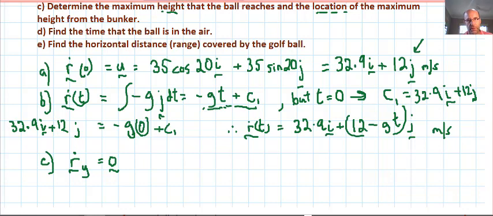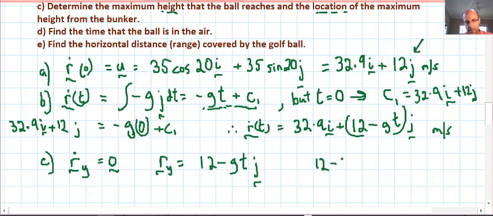As you've thrown something, when it hits its vertical maximum height, its vertical velocity is 0. It's still moving forward in the i direction, but for that moment it stops in the j direction. Then just using the equation, that means 12 minus gt equals 0, and so gt equals 12.